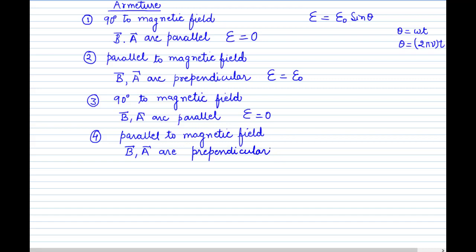These are perpendicular but in the opposite direction. So we have E is equal to minus E naught. And again when we rotate the armature with 360 degree, then again it is 90 degree to magnetic field.